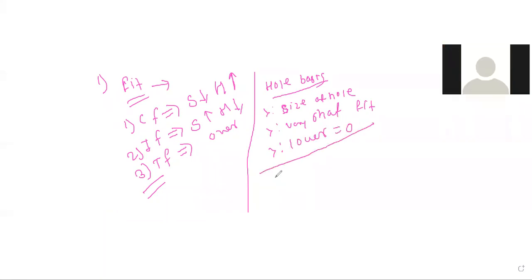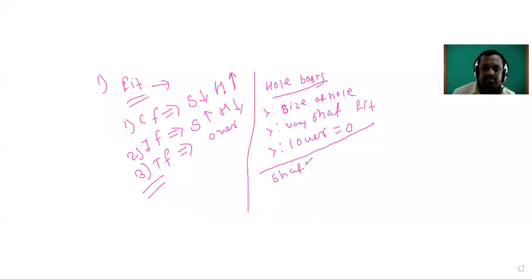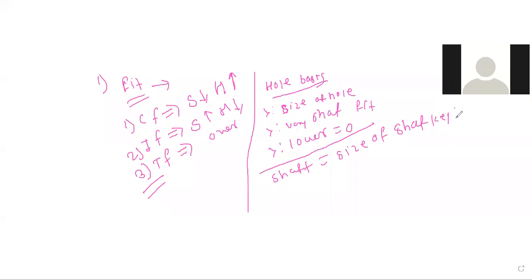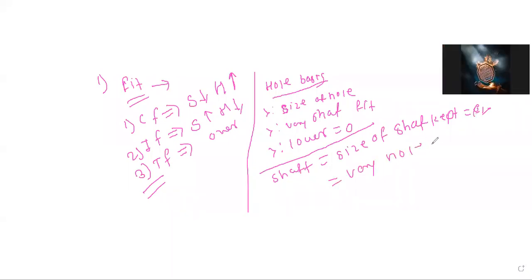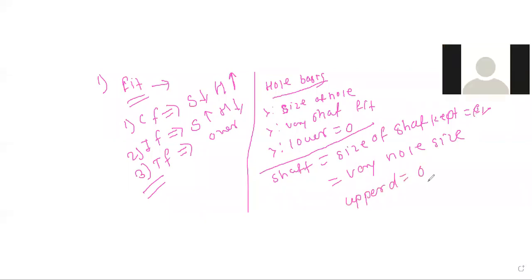And in the shaft basis system, the size of the shaft is kept constant or fixed, and we can vary the size of the hole. The upper deviation should be zero.